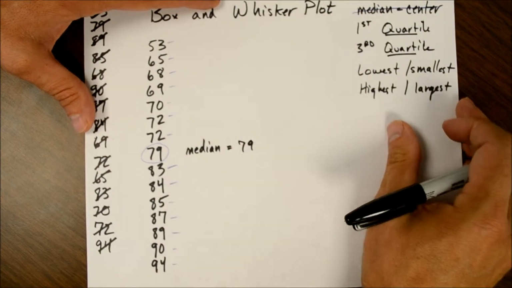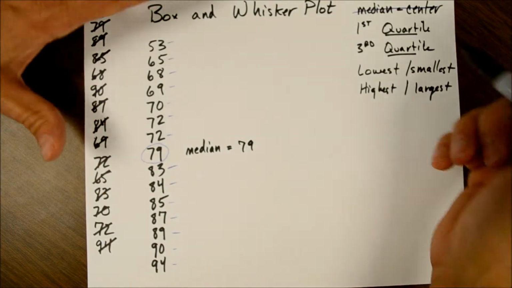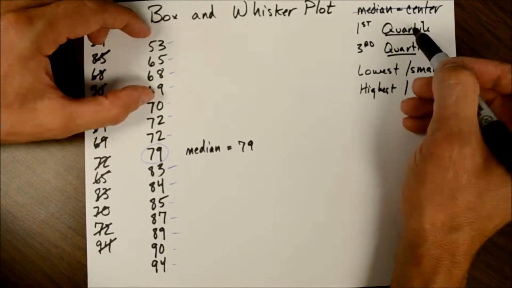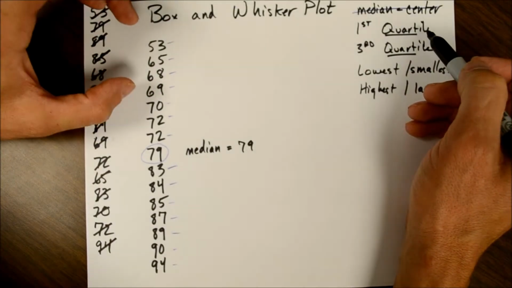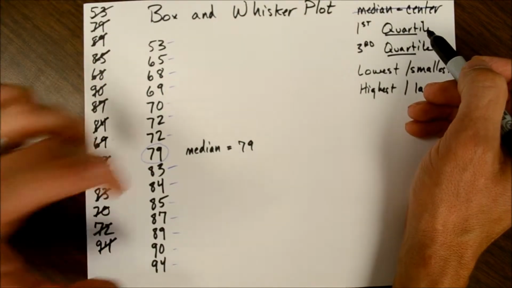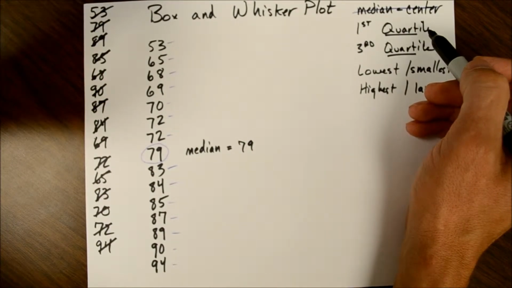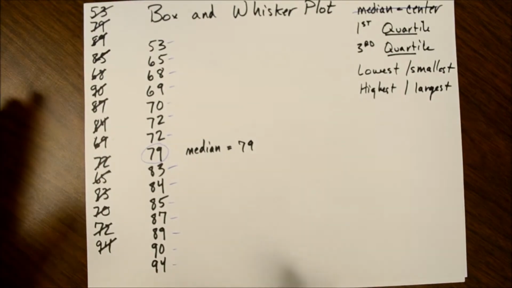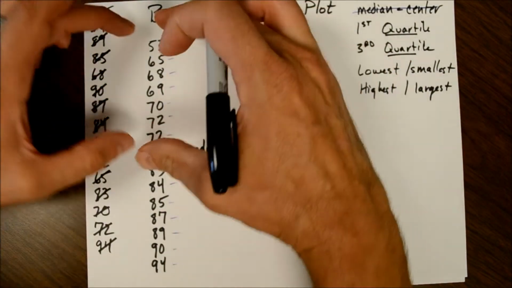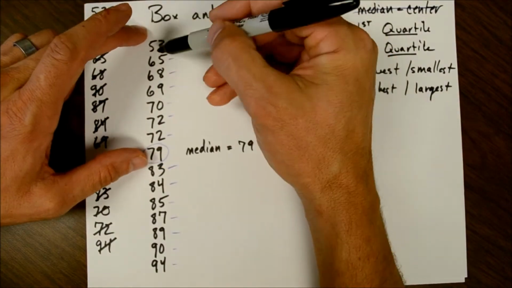Now we're looking for the first quartile. Now a key to the definition of quartile here, like I said earlier, is the word quart. We're looking for the first quartile, meaning we're going to divide our data set into 4 different quadrants. Make sense? So if you look at the first fourth, we're going to need to find the middle of the top half.